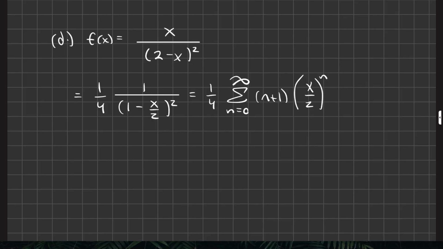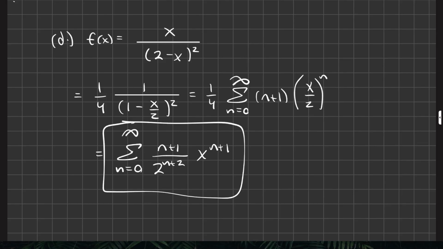So we can pull this 1/4 in, and we get the series from n equals 0 to infinity of n plus 1 over 2 to the n plus 2, times this x to the n plus 1 term. So this is our power series for f of x.